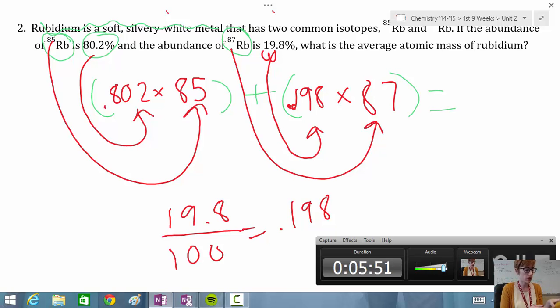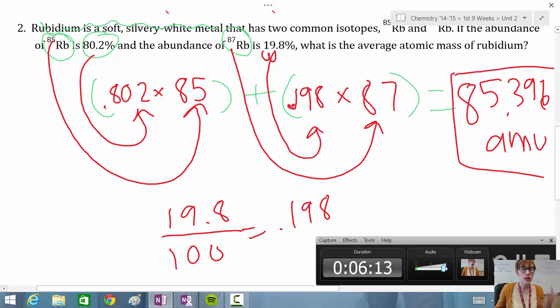Now I put this into my calculator. Again, I do the same thing: parentheses 0.802 times 85, close my parentheses, add it to 0.198 times 87, close parentheses, and I get 85.396 AMUs.